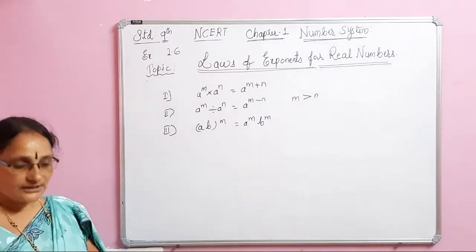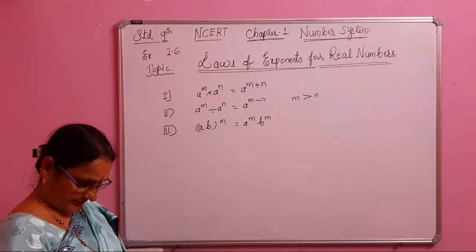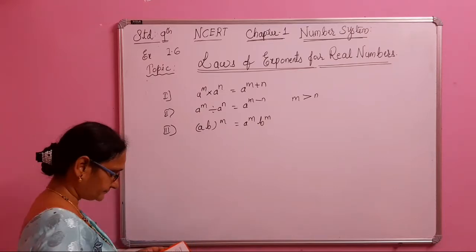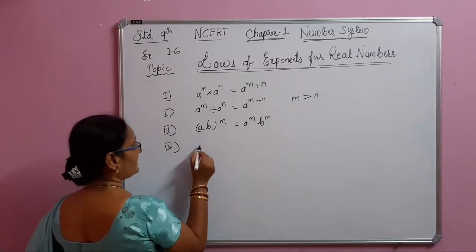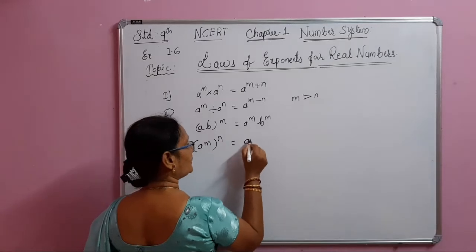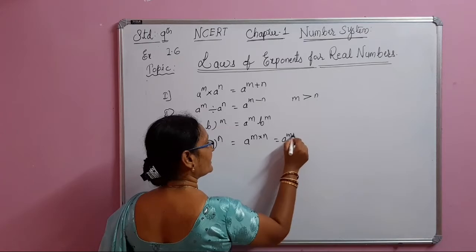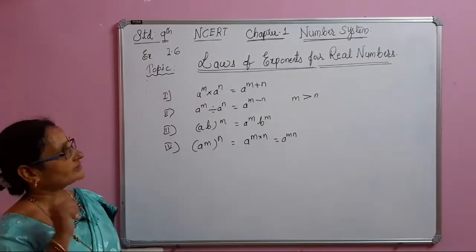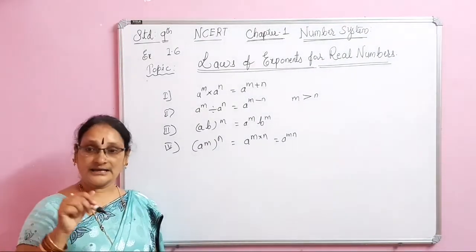Then the fourth law of exponent is a to the power m whole to the power n is equal to a to the power m into n, or a to the power mn can also be written. These all are the four laws of exponents. These all will be used in the real numbers.